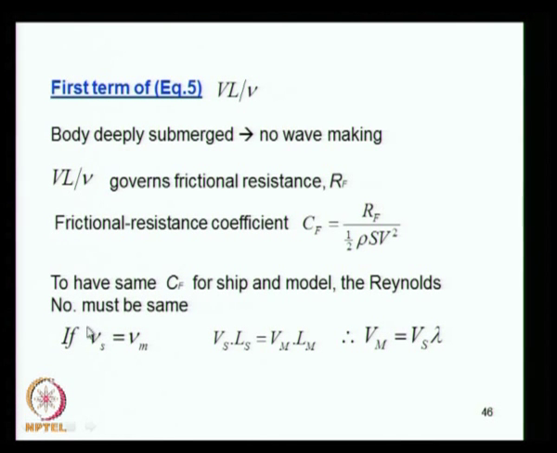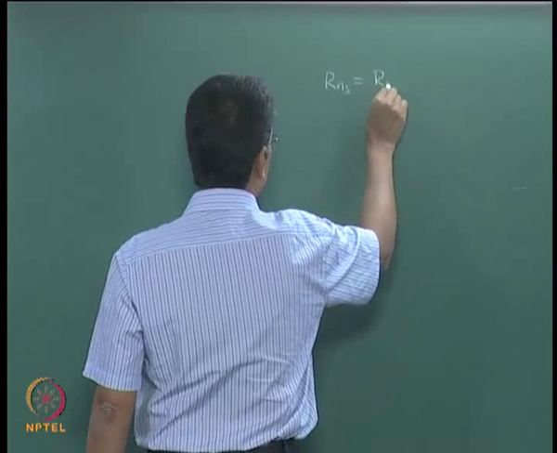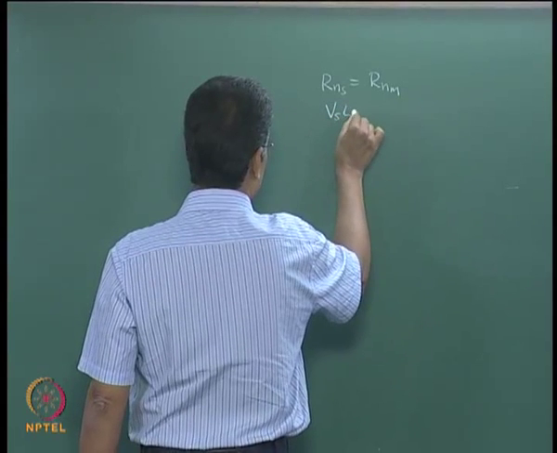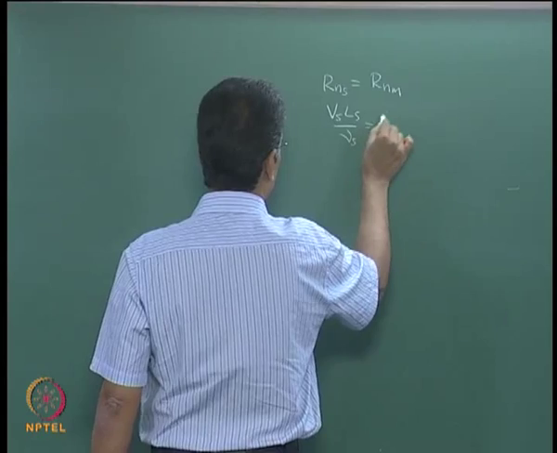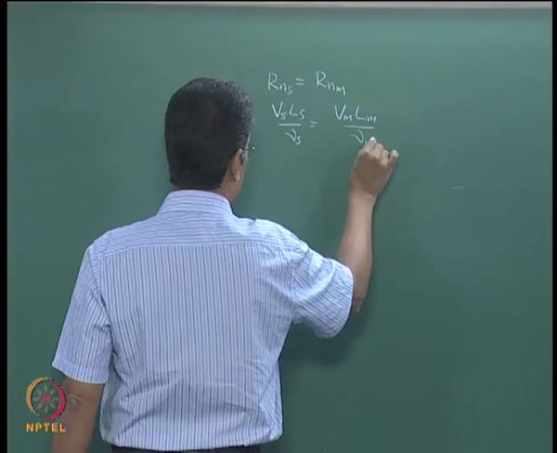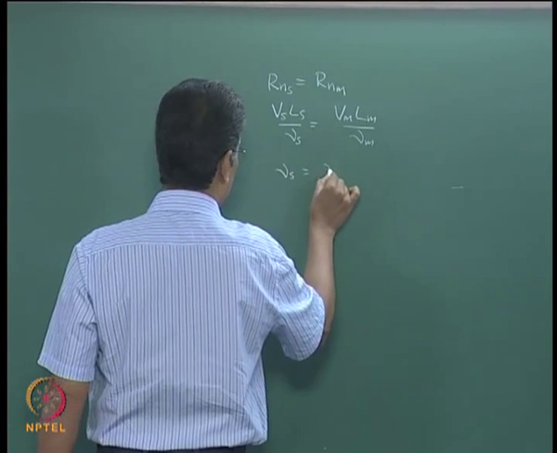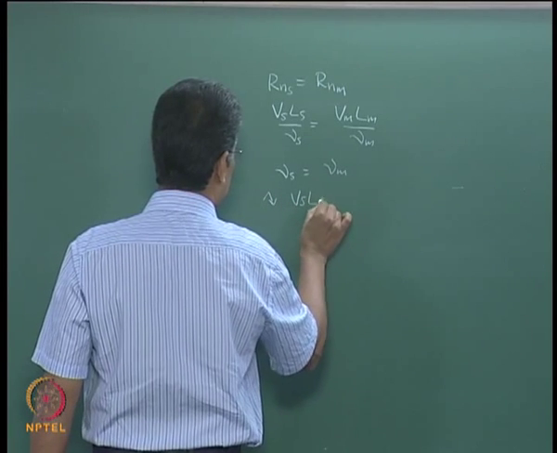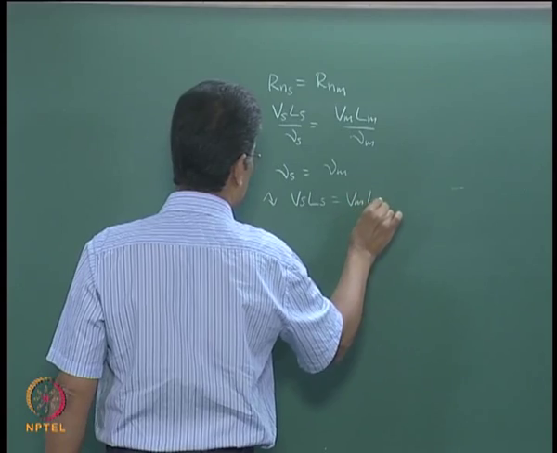So now we assume that nu s is equal to nu m. Here we use the board, and we assume the Rn of the ship is equal to Rn of the model, that is Vs Ls by nu s is equal to Vm Lm by nu m, and now we assume nu s is equal to nu m, which implies that Vs Ls is equal to Vm Lm.